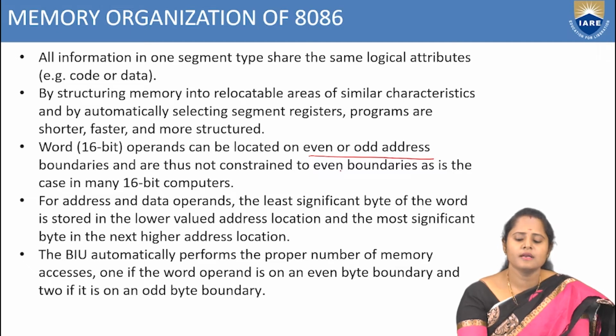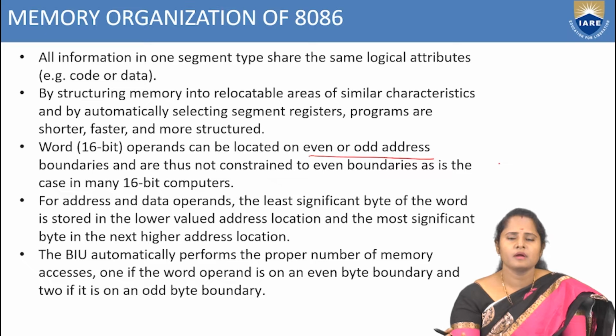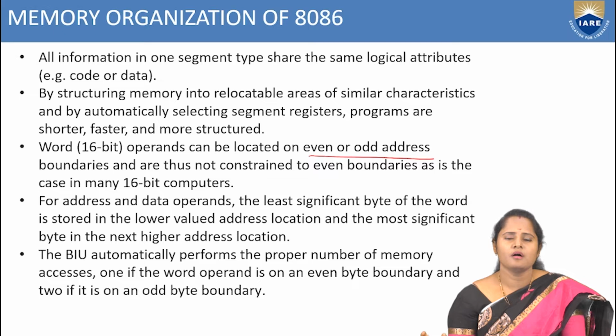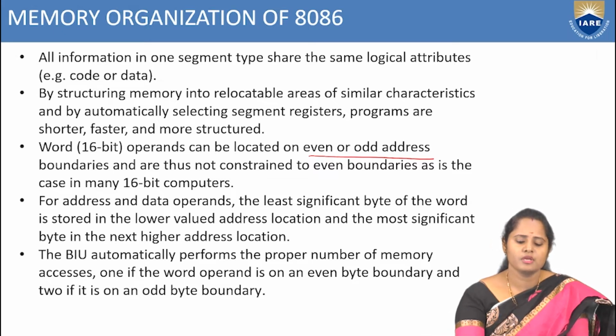So it consists of even kind of data and odd kind of data. What is even data? The memory locations which have even addresses are placed in a separate memory location, and odd addresses are placed in a separate memory location.